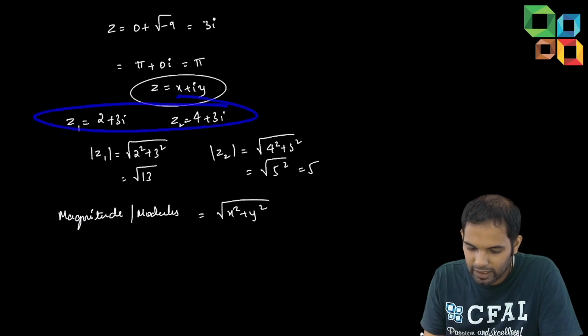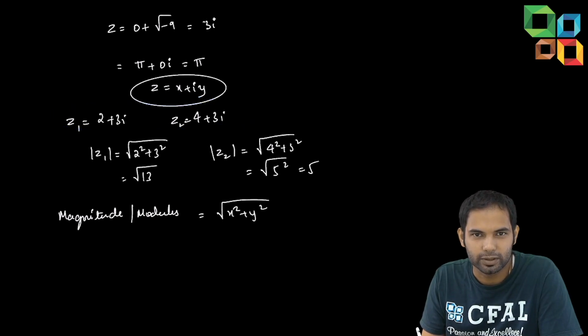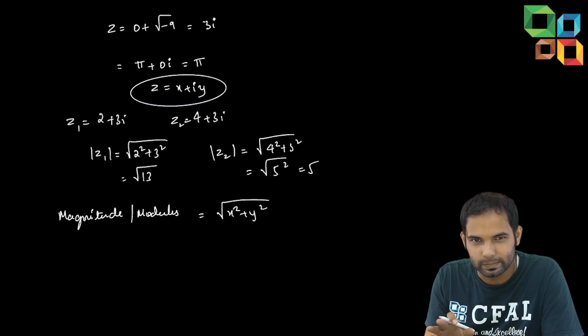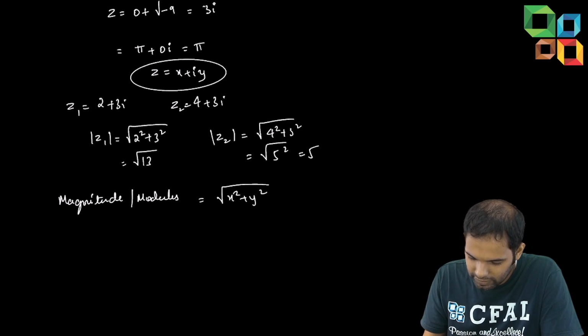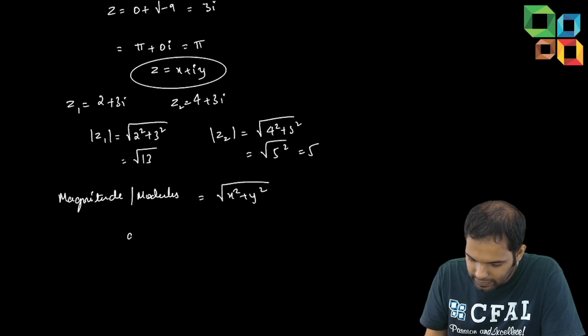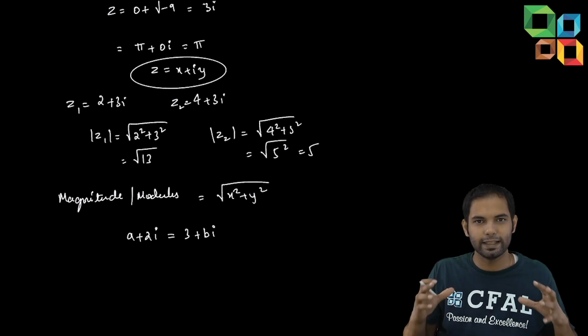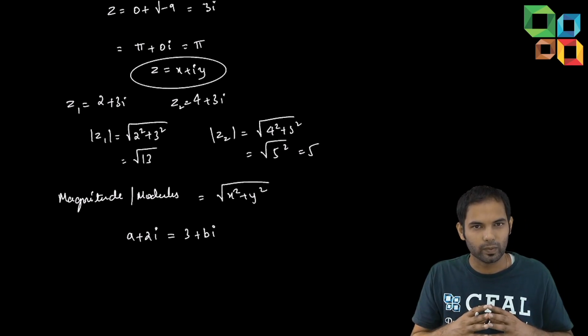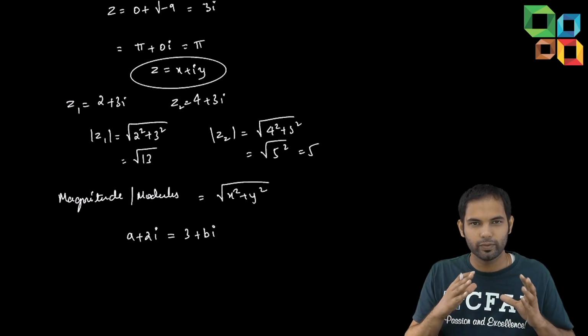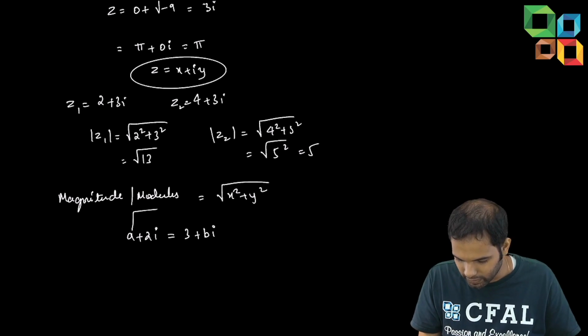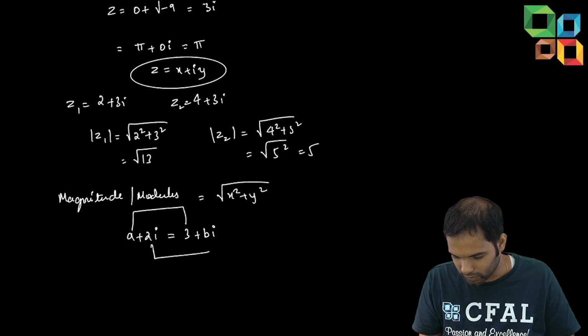So we can't compare two complex numbers, but you can always equate them. Let me show you. If I say that a plus 2i is equal to 3 plus bi, two complex numbers can be equal only if the real parts are equal and the imaginary parts are equal.